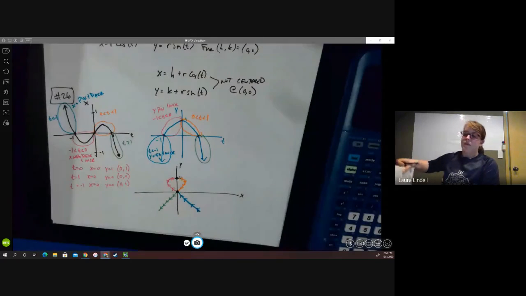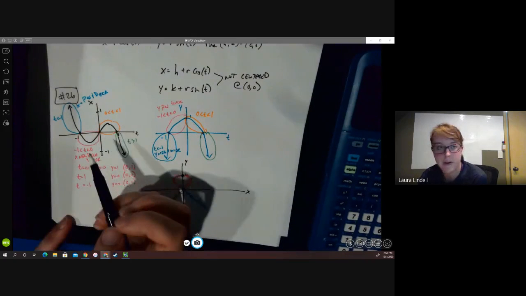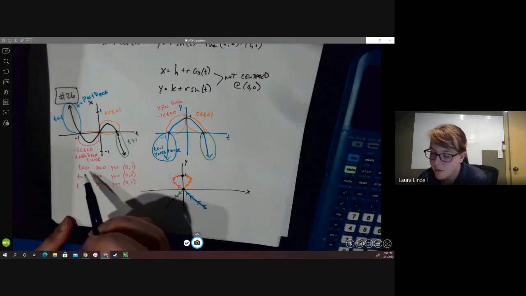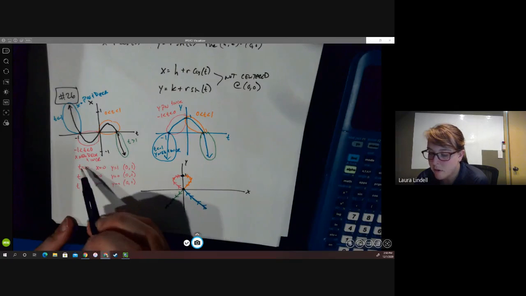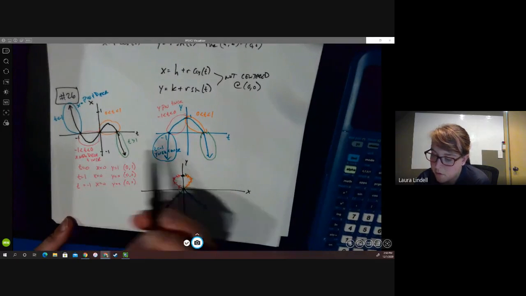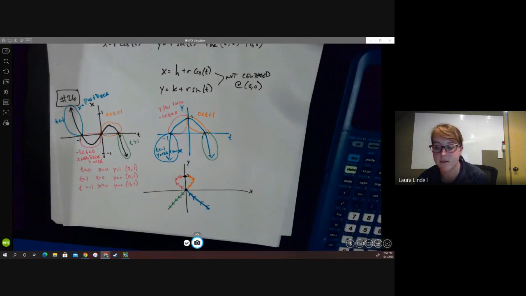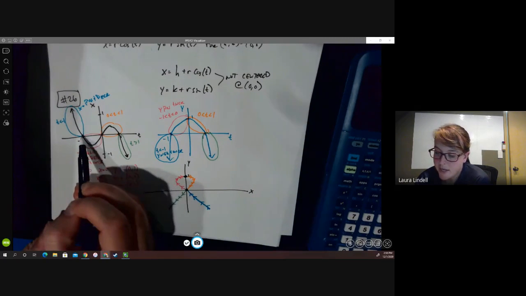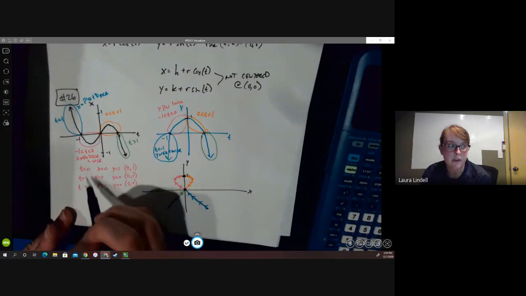So as we can see here, I've already done a lot on this. So when time is 0, notice how when t is 0, x is 0, y is 1. These are definite values that we can figure out here. In fact, anytime that x is 0, I'm going to make a note of it down here.